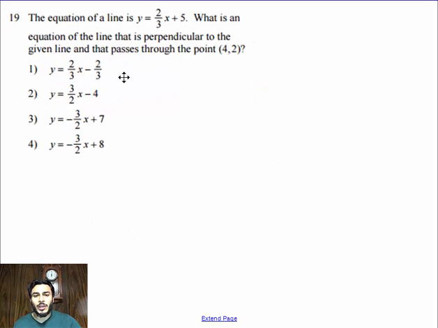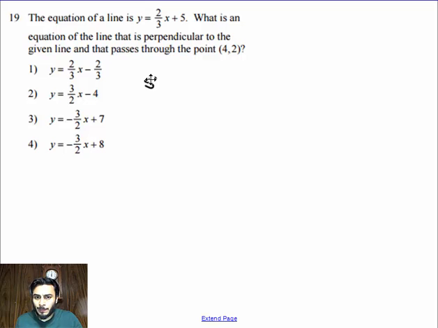Number 19 says the equation of a line is y = 2/3 x + 5. What is an equation of the line that is perpendicular to the given line and passes through the point (4, 2)? I like to say that with these questions, there are 3 steps.